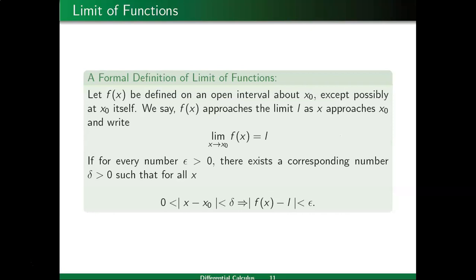Now, let us formally define the limit of a function. We say f(x) approaches the limit L as x approaches x naught if for every number epsilon greater than 0, there exists a corresponding number delta greater than 0 such that for all x, 0 < |x − x naught| < delta implies |f(x) − L| < epsilon.